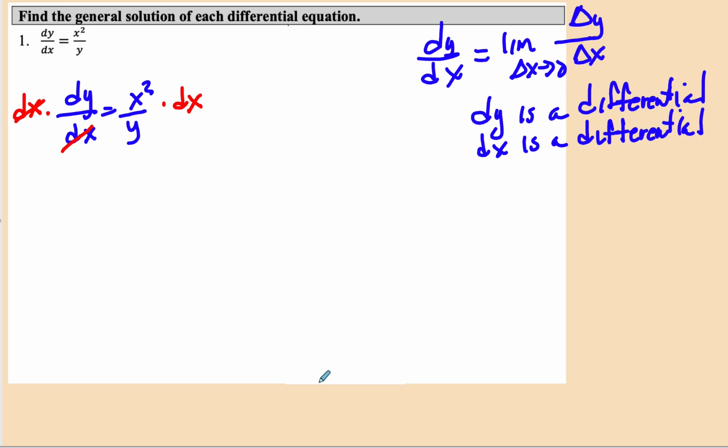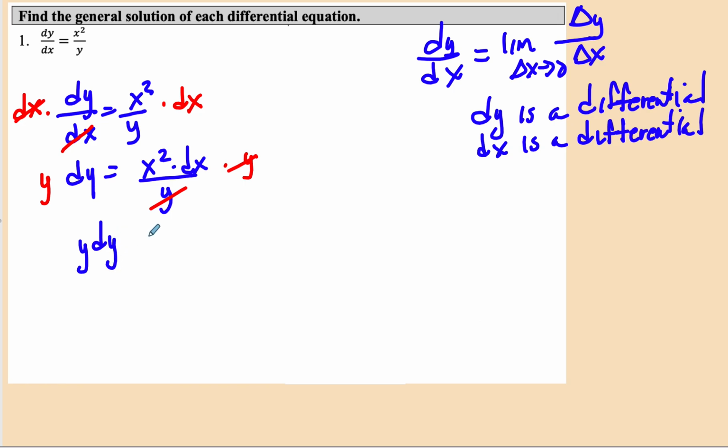And now I have dy equal x squared times dx over y, and I want to get rid of that y, and I'll do that by multiplying both sides by y, and the y's will reduce, and now I have the separation. The y's are on one side and the x's are on the other side.